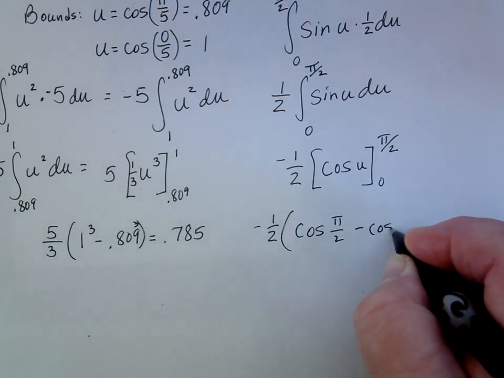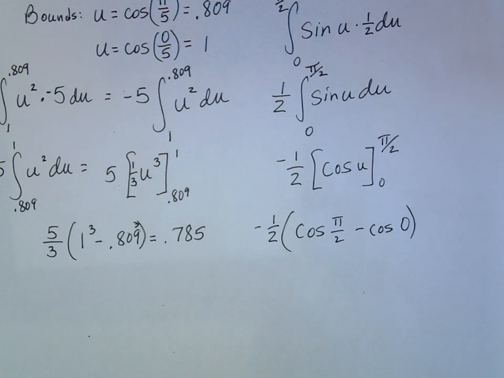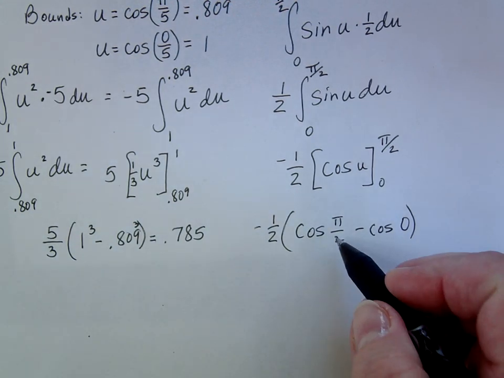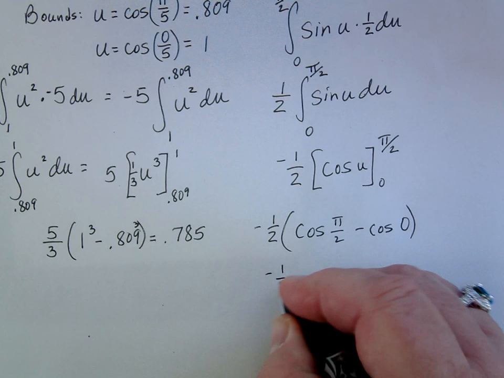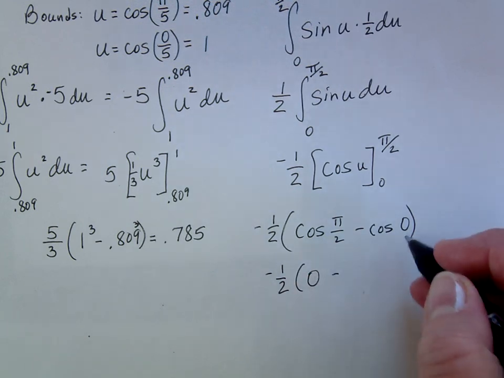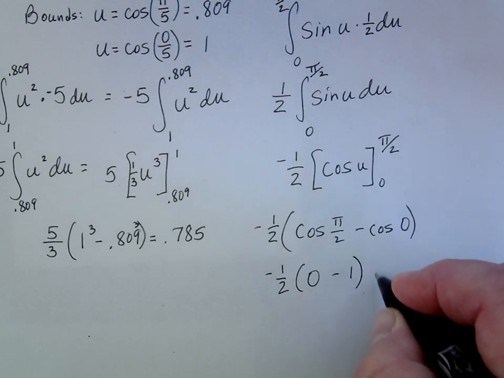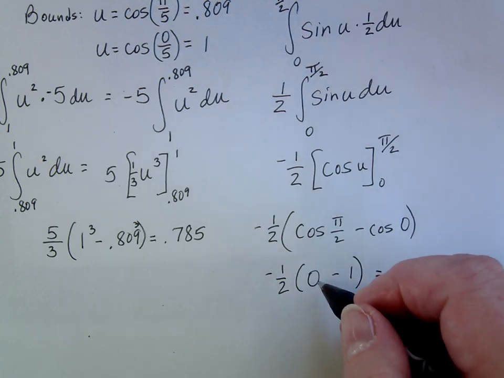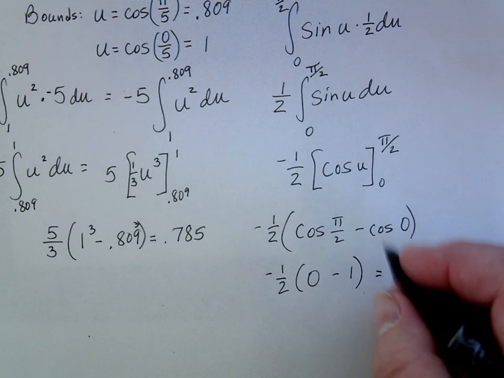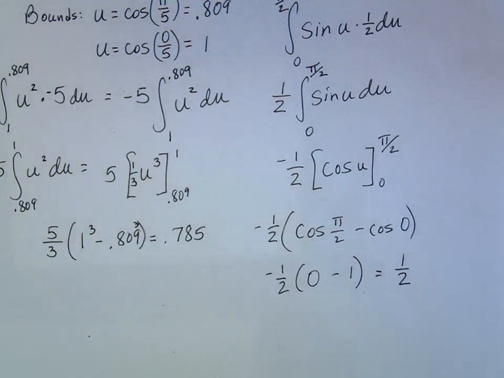Now this one you should know those coordinates, right? Pi over 2 is 0, 1. Cosine's the x. So negative 1/2 of 0. 0 is the coordinate 1, 0. Cosine's the x. And so if I take negative 1/2 times 0 at 0, negative 1/2 times negative 1 is a positive 1/2, and that is my final answer for number 6.